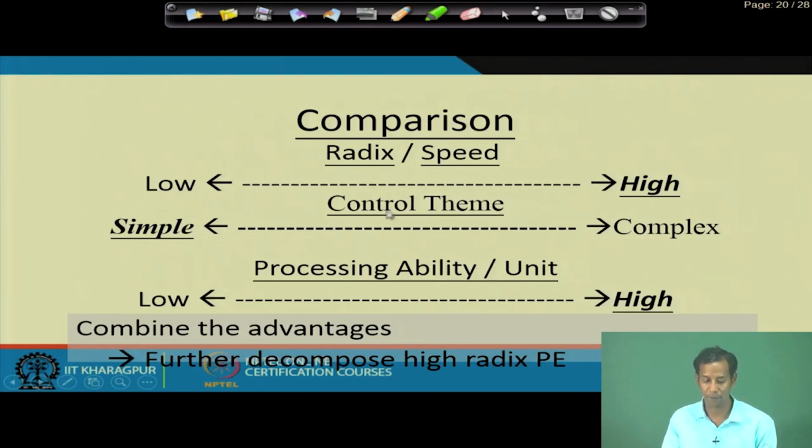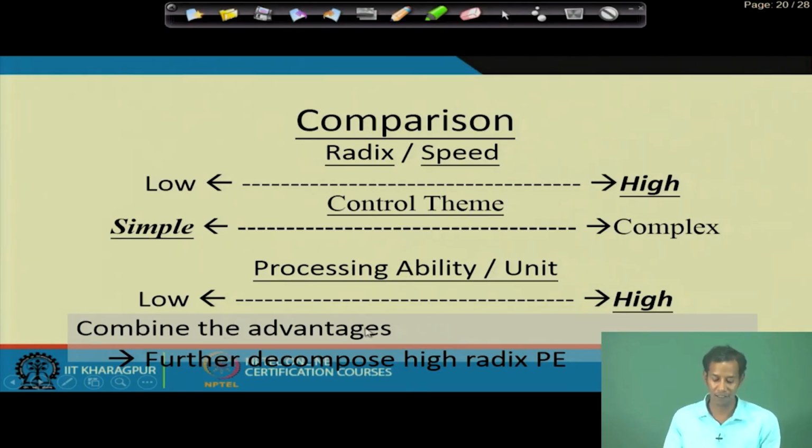For the control part, if we increase the radix, the control part will be much more complicated, and if we decrease the radix, it will be much simpler. For the processing elements, if we increase the radix, the requirement will be higher, and if we decrease the radix, the processing element requirement will be lower.